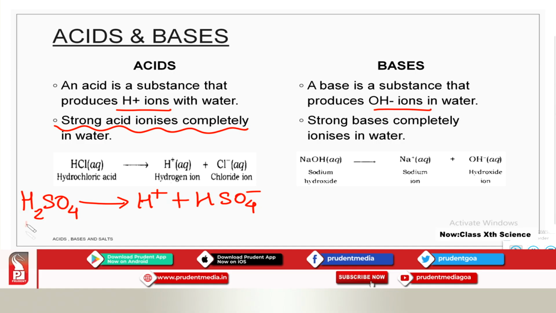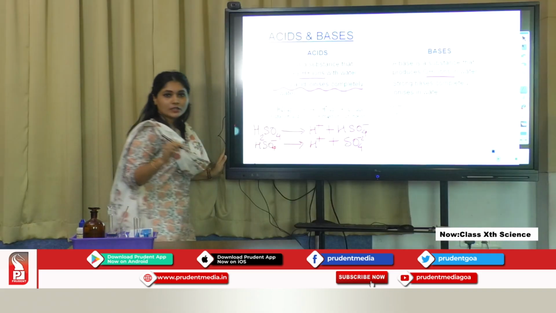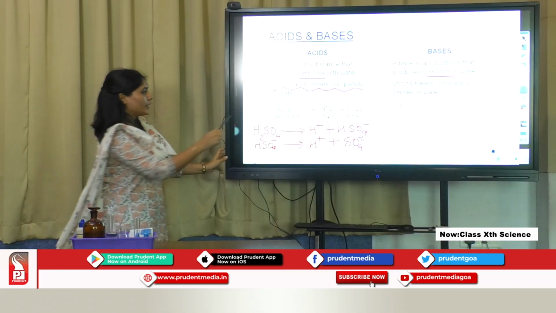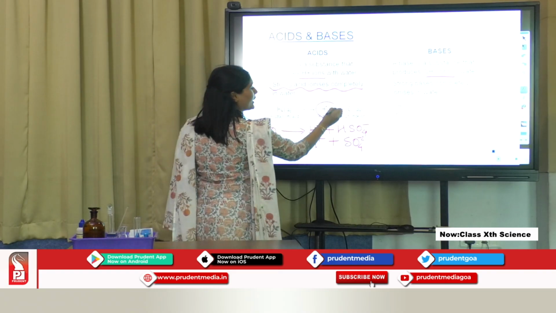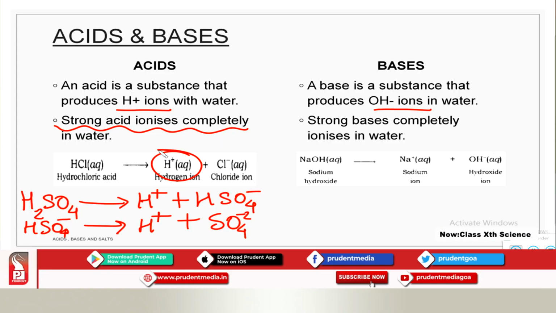This HSO4 minus ion further dissociates to give you H plus and sulfate ion, that is SO4 2 minus. In case of HCl, only one hydrogen ion is produced, but in case of sulfuric acid, two hydrogen ions are produced, making it a very strong acid.